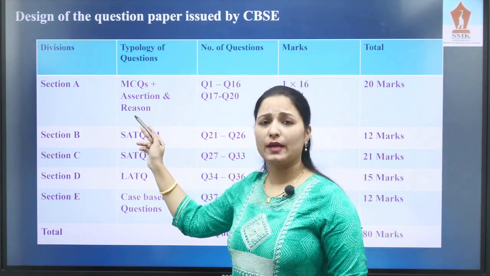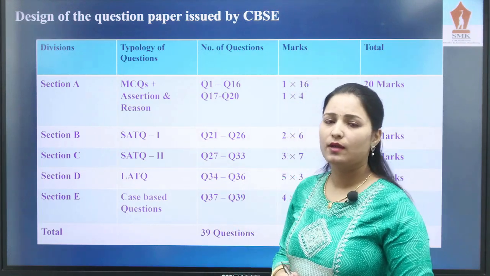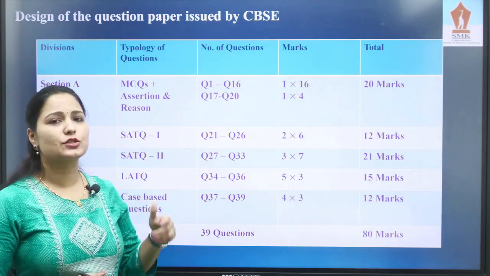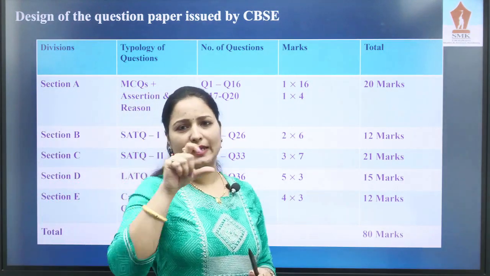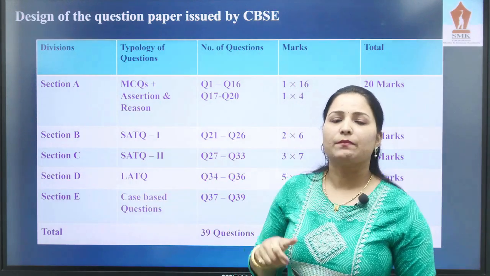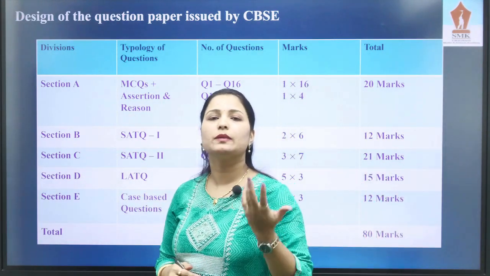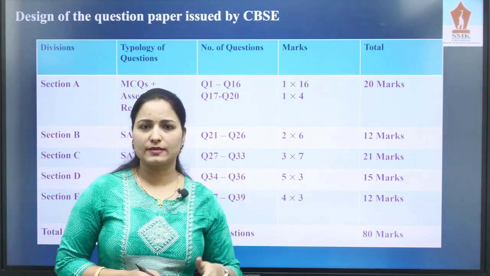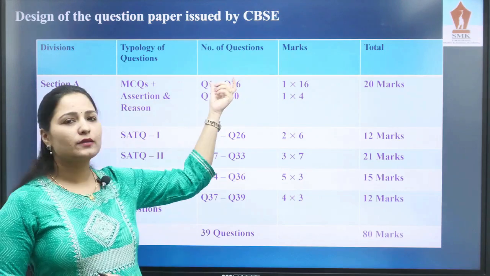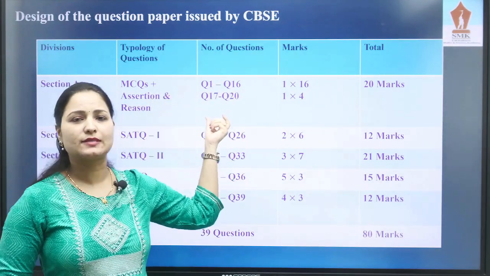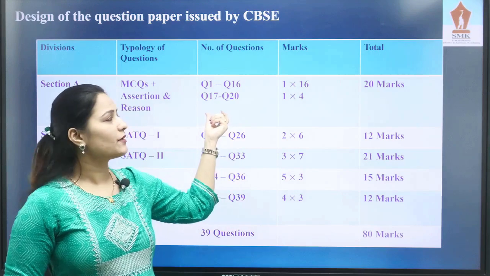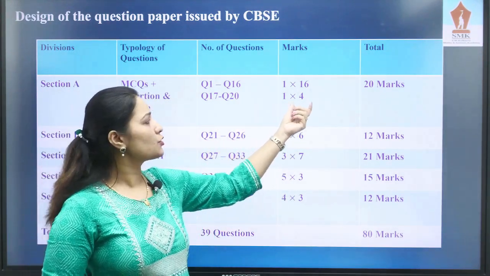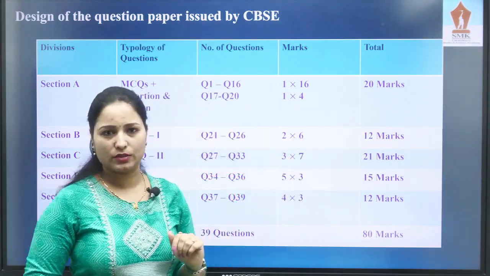So MCQs plus assertion reason kind of questions. From the last 2-3 years, the board pattern has included assertion reason questions, wherein a statement and a reason are given, and based on that they ask you what will be the correct option, and you have to choose the correct one and write the answer accordingly. Questions 1 to 16 will be MCQs. Questions 17 to 20, there are 4 questions only for assertion reason type. So Section A contributes a total of 20 marks.